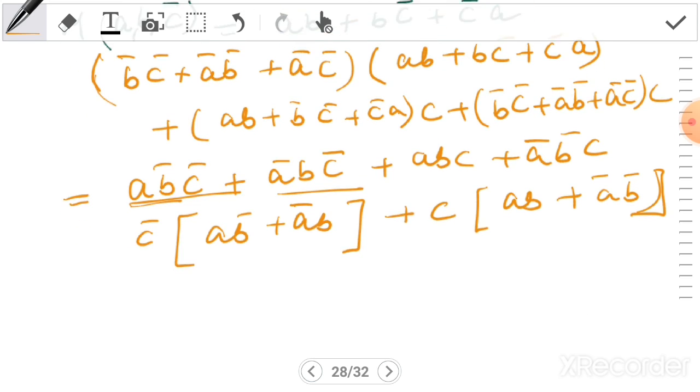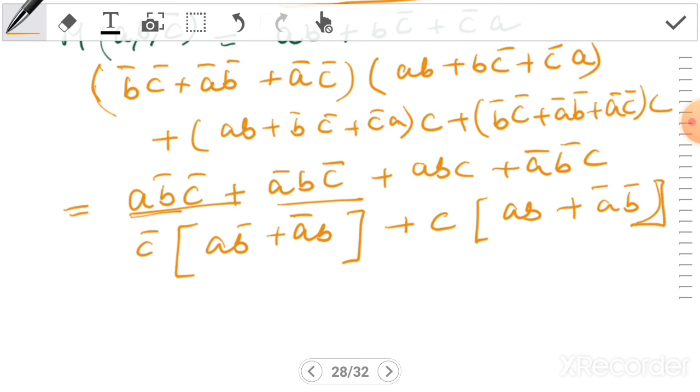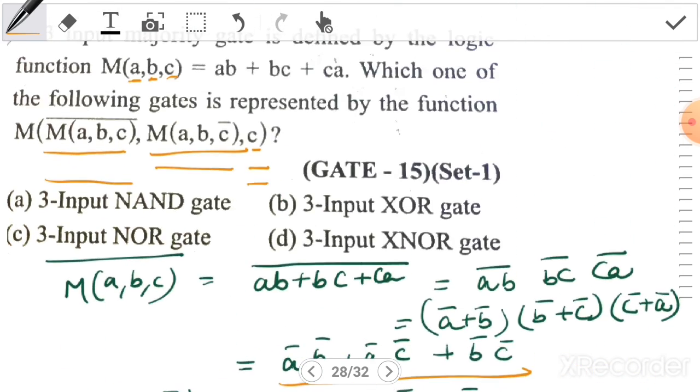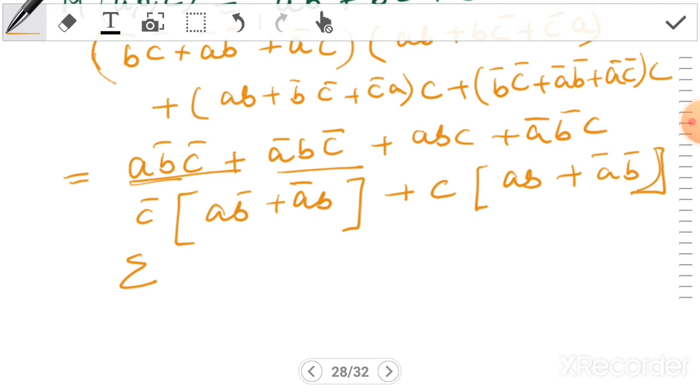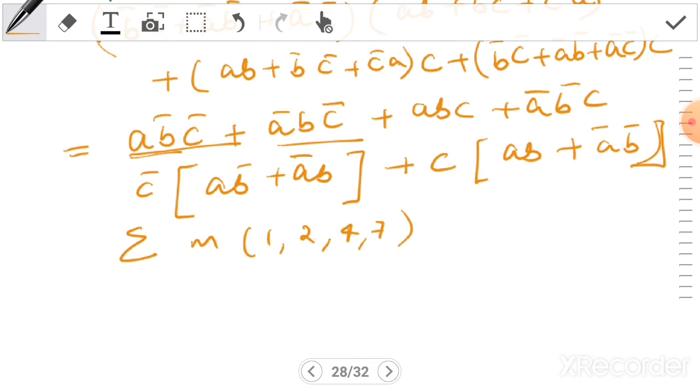So you can write it as the minterm 1, 2, 4, 7, or it is A XOR B XOR C. This output is A XOR B XOR C.